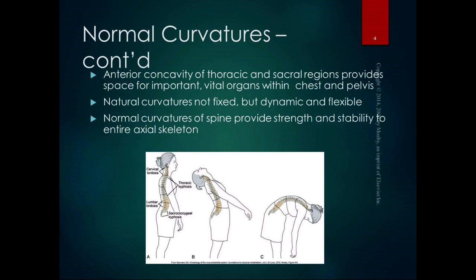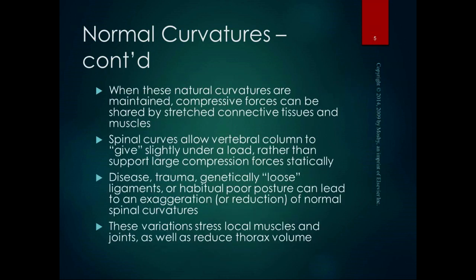Okay, so look at all these motions that someone can do in their spine. It's lovely. So when the natural curvatures are maintained, or we have neutral spine position, compressive forces can be shared by stretched connective tissues and muscles. And it allows the vertebral column to give slightly under load rather than supporting large compressive forces statically.